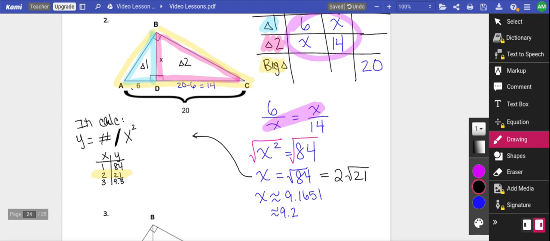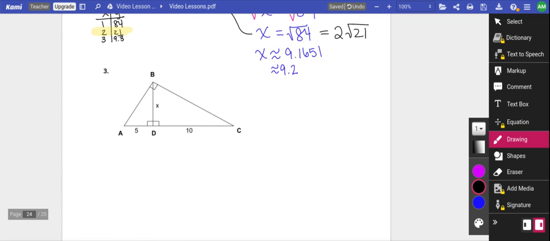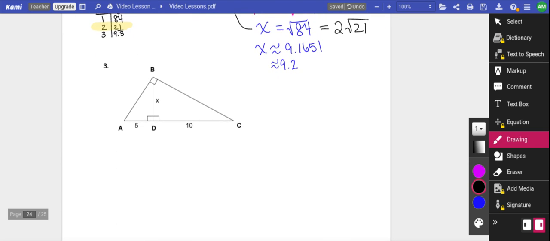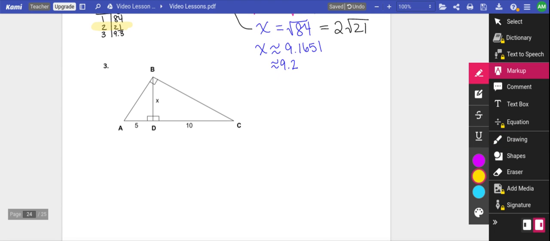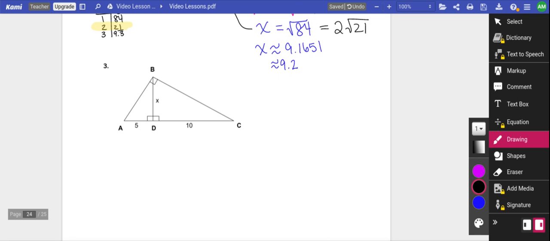We're going to do the same thing for the next one. Let's see. This question here. Again, let's talk about short side, long side, hypotenuse of each triangle. So triangle 1, triangle 2, and my big triangle.